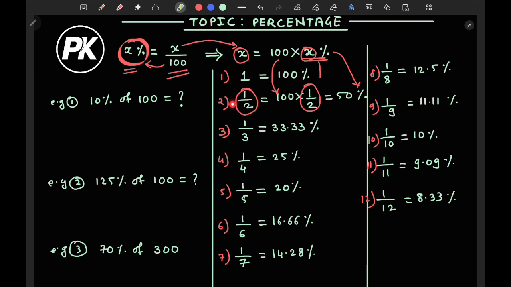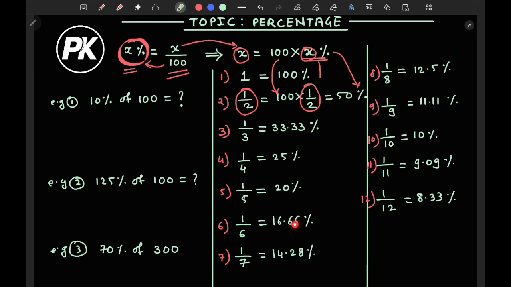If in the problem you see 1 by 2, you will say this is just a half, that means 50 percentage. 1 by 3 is 33.33 percentage. 1 by 4 is 25 percentage. 1 by 8 is half of 1 by 4, so that means 12.5 percentage. Similarly 1 by 6 is 16.66 percentage. So this way you can link and remember the things.